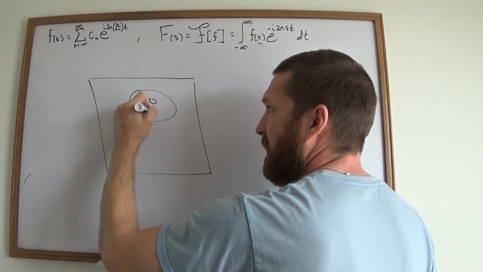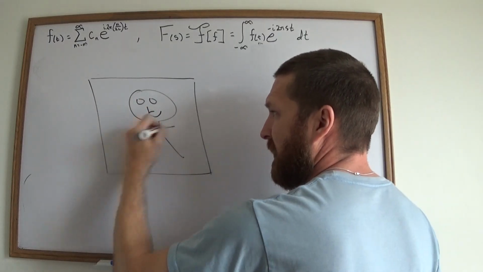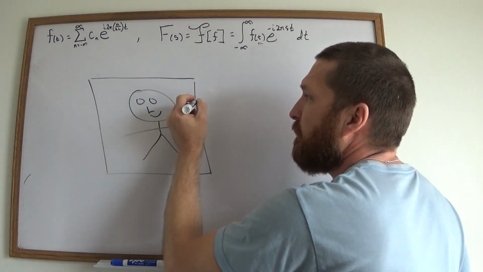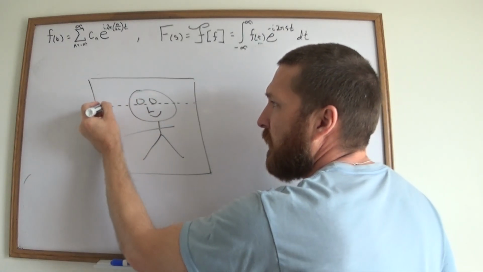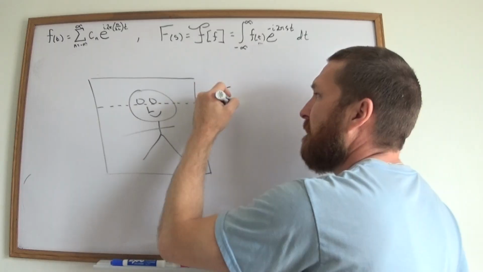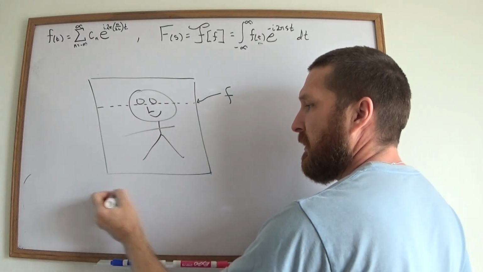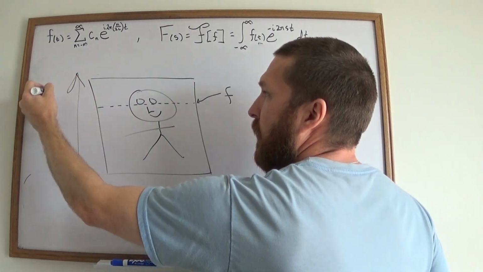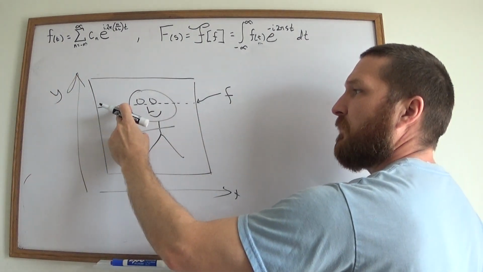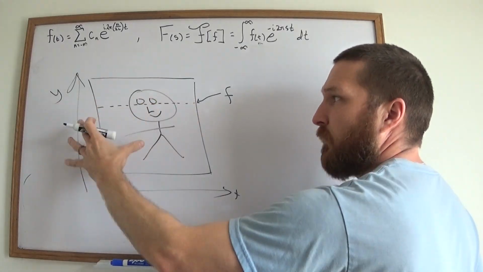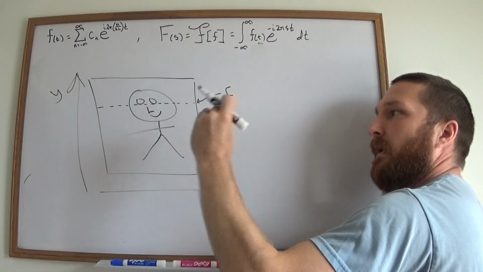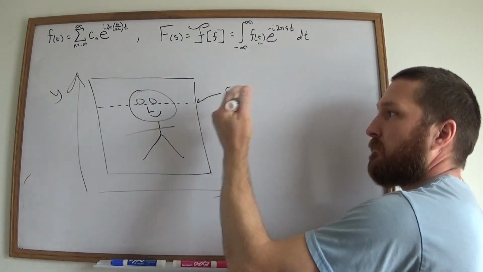Here's a picture of me. That's what I look like. And you could think about this in 2 dimensions. Let's call this x, and we'll call this y. Imagine a black and white picture where a black pixel is 0 and a white pixel is 1.